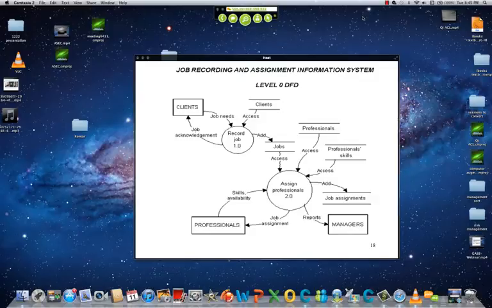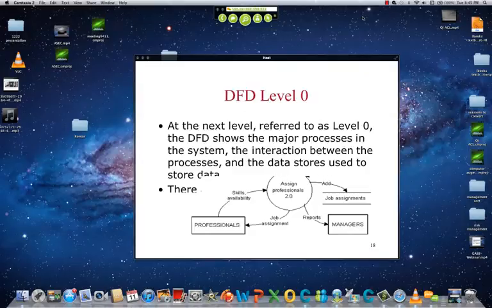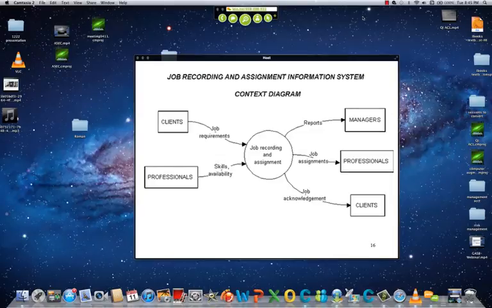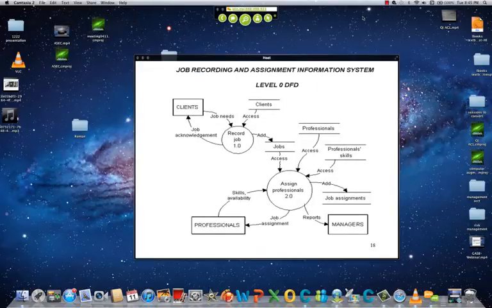Good. So again, we have clients, professionals, and managers. In a way, now we are taking a more detailed look. This was an overview of our system, what are inputs and outputs. Now we look slightly deeper. We look at the main processes which are taking place here.